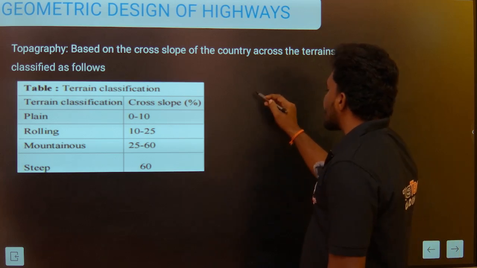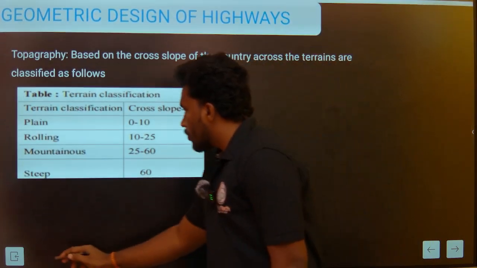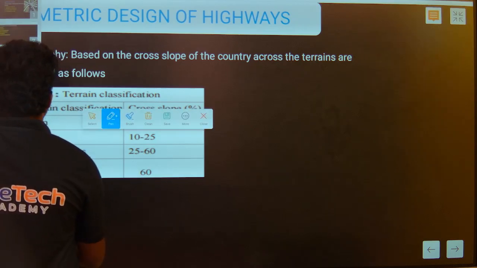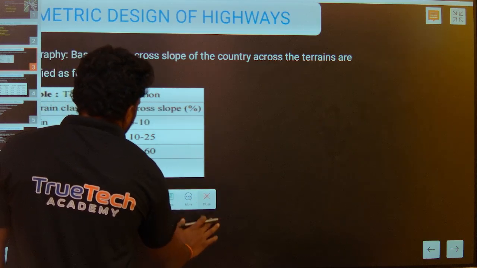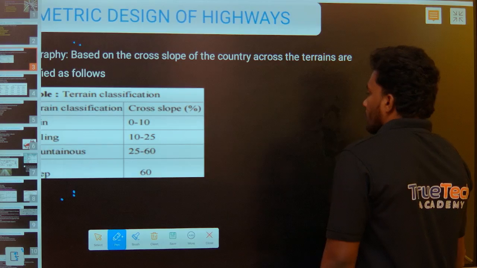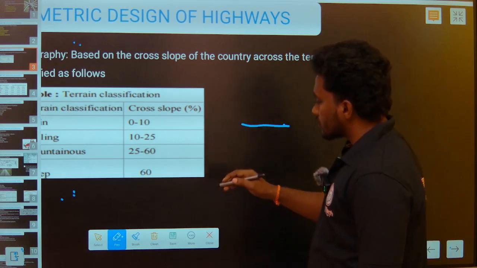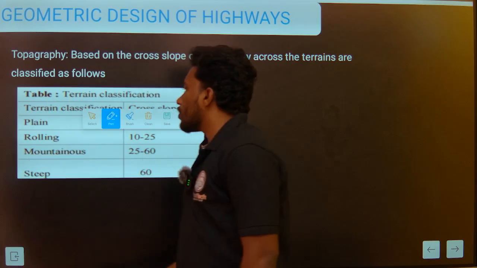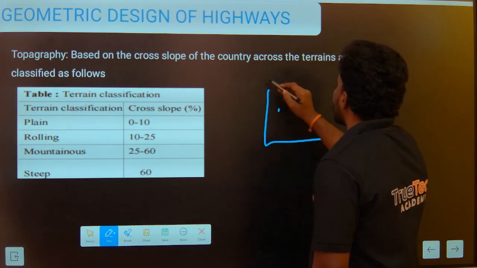Let's take an example: we have to construct a highway in a terrain slope, for example this much of slope.